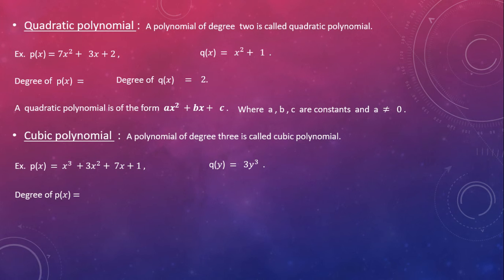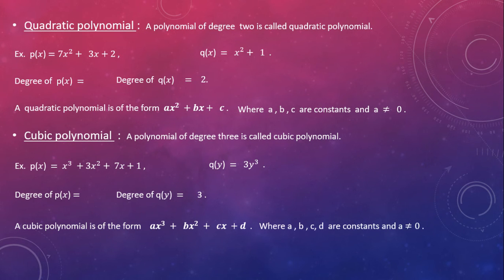Therefore, degree of px equal to degree of qy equals to 3. A cubic polynomial is of the form ax cube plus bx square plus cx plus d, where a, b, c, d are constants and a not equals to 0. A cubic polynomial has at most 4 terms.